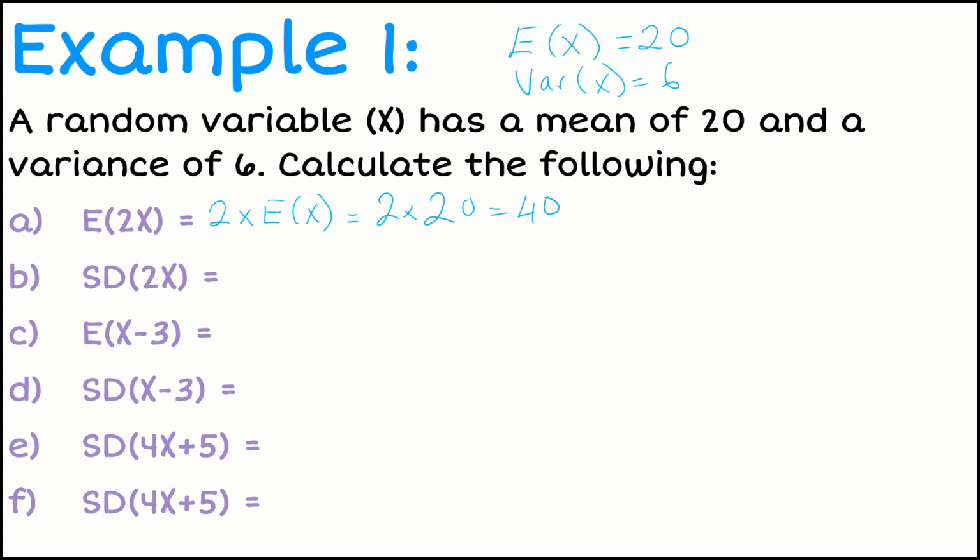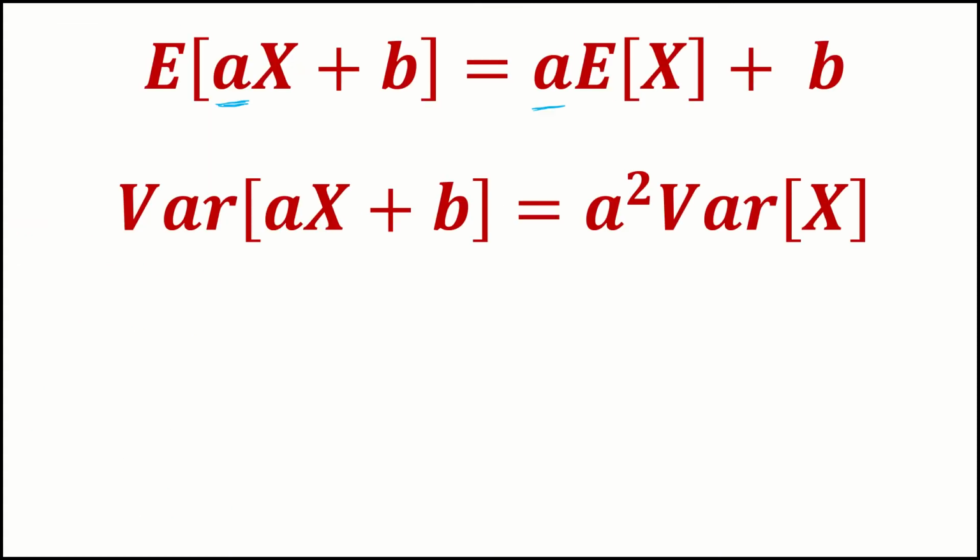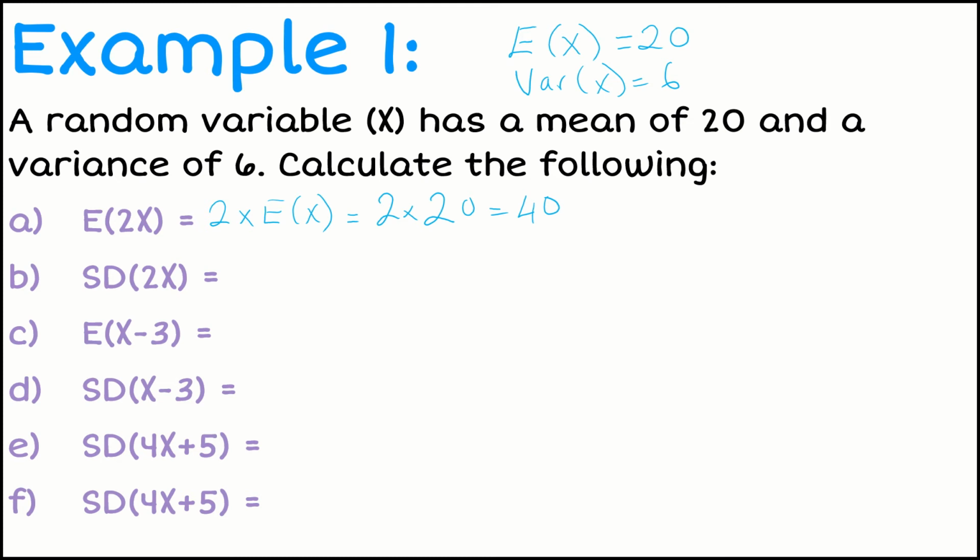Now we want to find the standard deviation of 2x. Looking at our variance formula, if I've got a constant value, then for the variance I need to square that and multiply by the variance. We've got a variance there of 6. I'm just going to do a little bit on the side here.